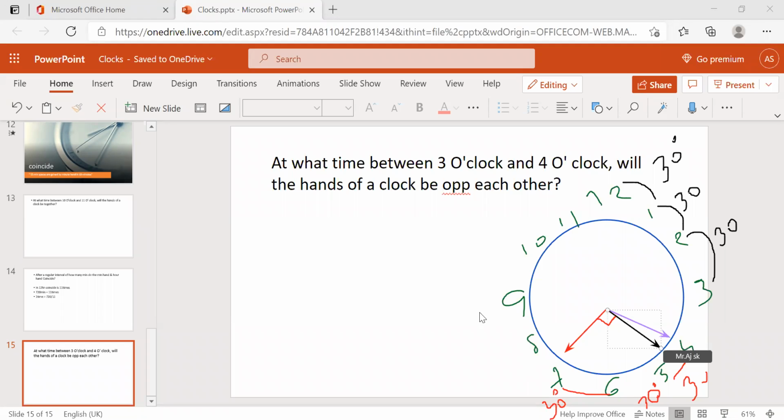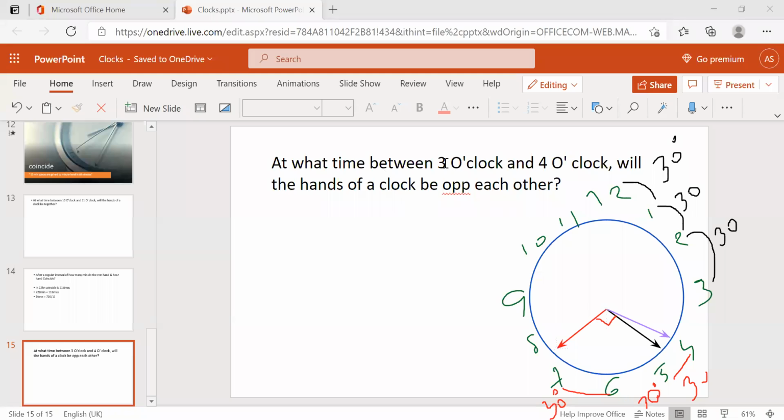Then for it to become 90 degrees, the minute hand is not exactly at 7. It is also moving like this. When it also moves and lies between 7 and 8, then we'll get a right angle. Okay, we'll get a right angle.